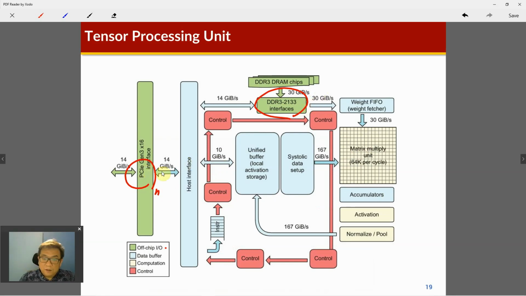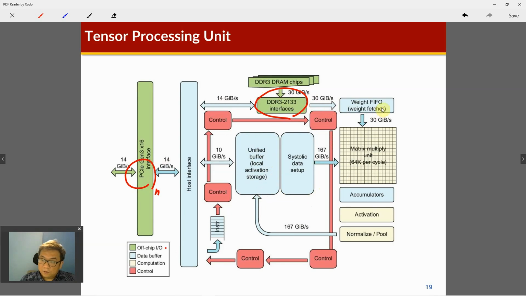Also, the TPU has the host interface module, and this host interface module is connected to the PCIe interface. As I said, the TPU has a large unified buffer. This is the on-chip scratchpad memory, and data is read from the DDR memory.